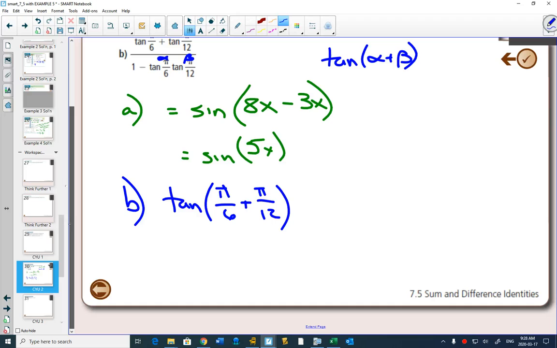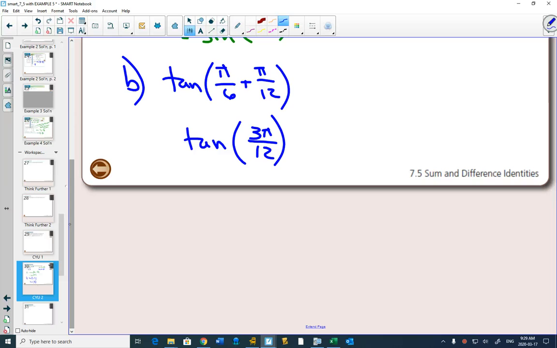Get a common denominator. Are you okay if I do this 2 pi over 12 plus pi over 12? 3 pi over 12? Is 3 pi over 12 on your pi plate? What happens if you reduce it to lowest terms? It is on your pi plate. It's pi over 4. And tan of pi over 4 is equal to 1. So this one we could evaluate and we could figure it out.